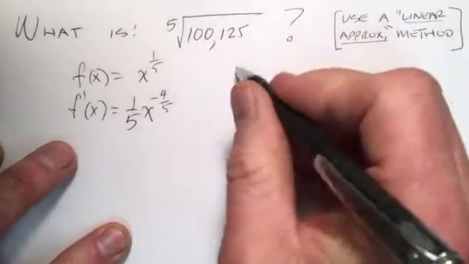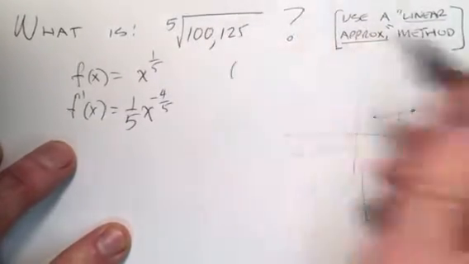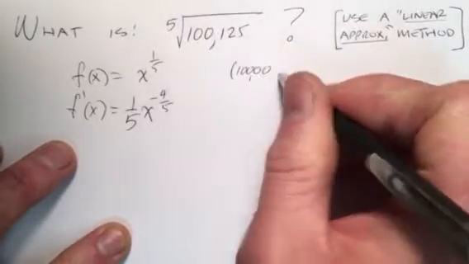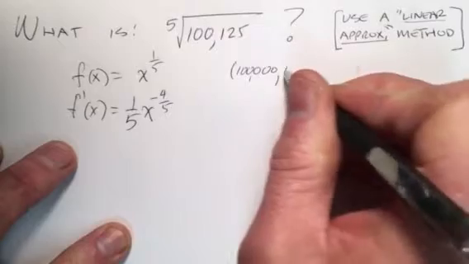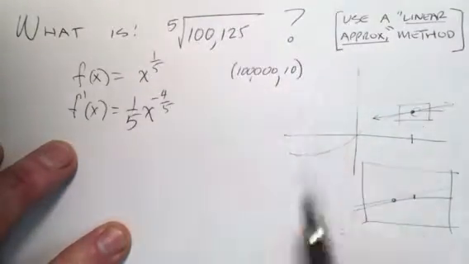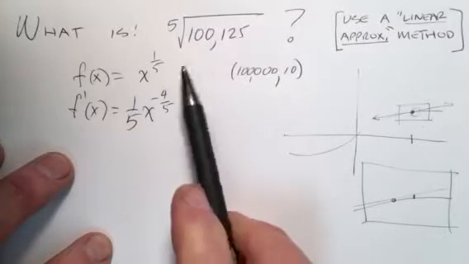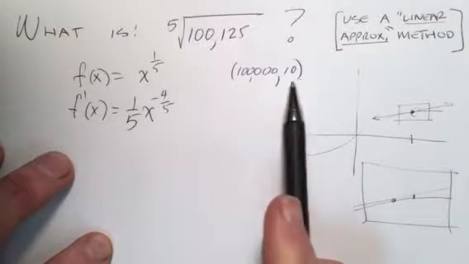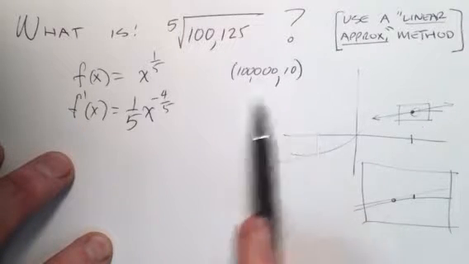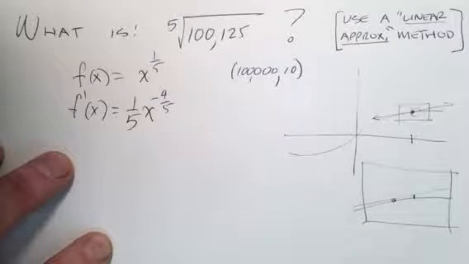So this is very, very close to a point that would be 100,000. So the fifth root of 100,000 is 10. So the fifth root of 100,125 is not going to be too much bigger than 10, but it's hard to guess what that decimal might be.